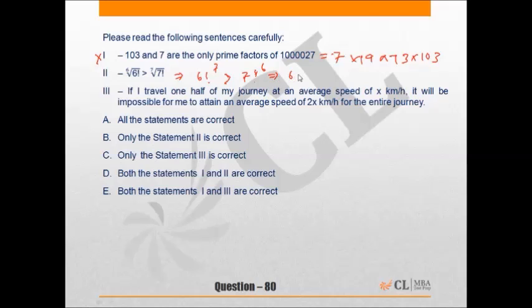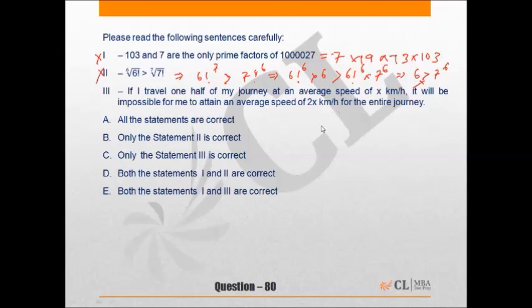This further can be simplified as factorial 6 raised to power 6 into 6 greater than factorial 6 raised to power 6 into 7 raised to power 6. From here we get 6 greater than 7 raised to power 6, which is impossible. Therefore the second statement is also incorrect.